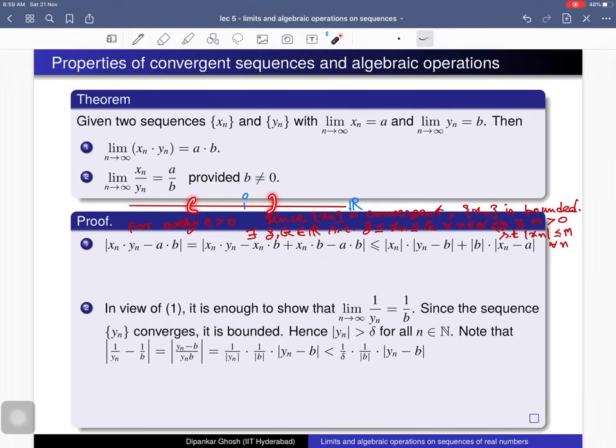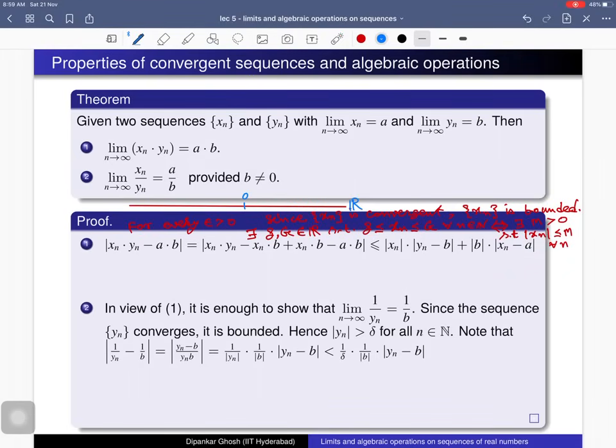If you consider absolute value, and xn lies here, then the absolute value of xn will be less than or equal to this positive quantity. One can take this as an exercise: if xn lies in this range for all n, then you can find a positive real number m such that the absolute value is less than or equal to m.